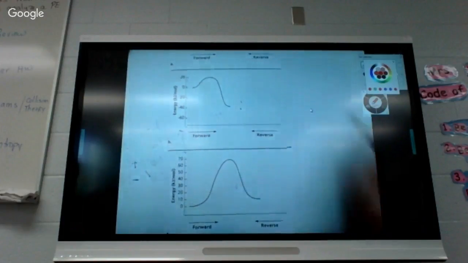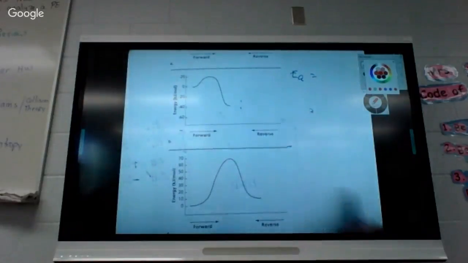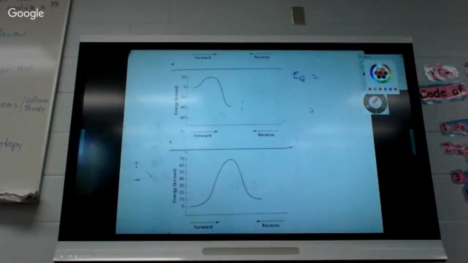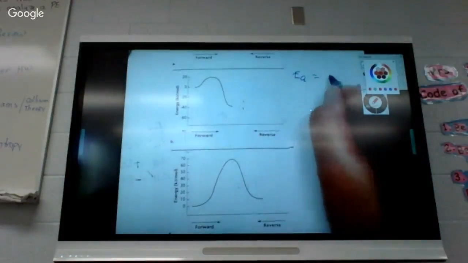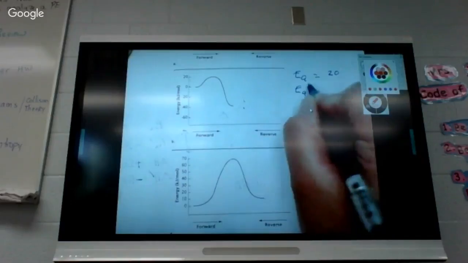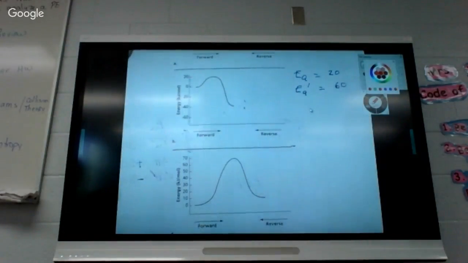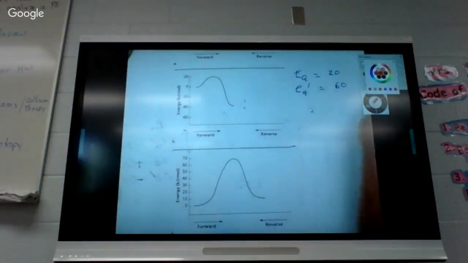So for the second one, EA, we have 0 and negative 40. How about 20 on the top one? We're okay on 20 on the top one? All right, so EA, we have 0 to 20, so EA is 20. EA reverse, we have negative 40 to 20, so we have 60. Kilojoules per mole on both of those.